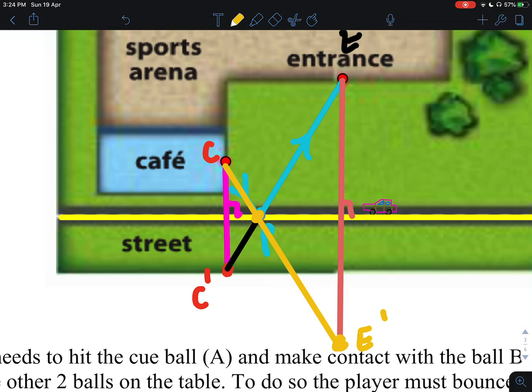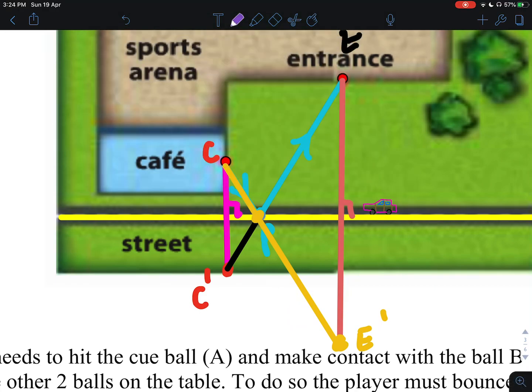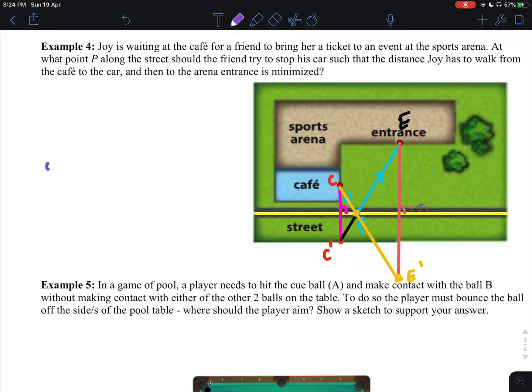Okay, and so what remains to be done is for me to show you why that is the point that minimizes the distance. So let me change colors again here and let's focus on this. If nothing to do with this problem, here's point A, here's point B. If I said to you, what is the shortest distance between point A and B? You should know that the shortest distance between 2 points is going to be the line segment joining those 2 points.